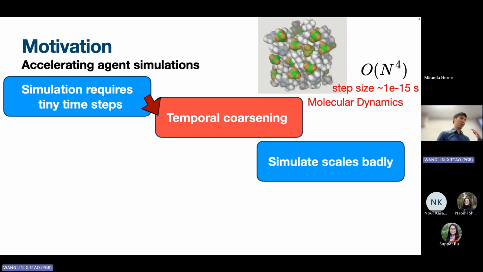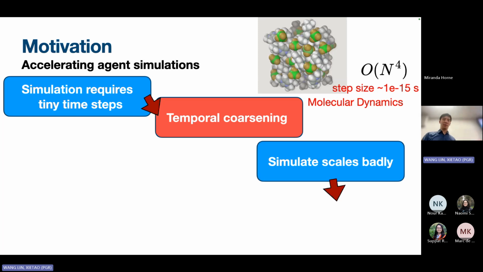So if we were to train a machine learning model on this, we're kind of forced to use smaller systems, because the bigger system is completely intractable the moment we scale it up a bit.